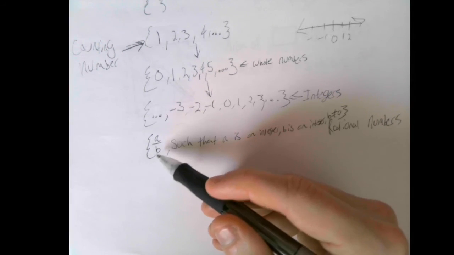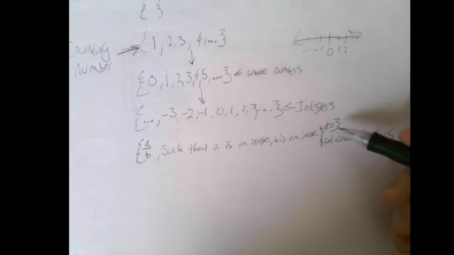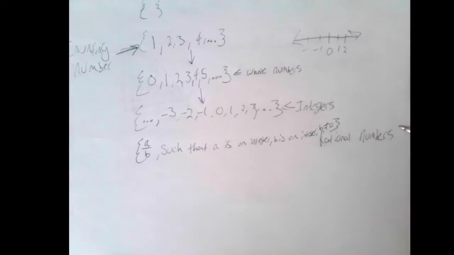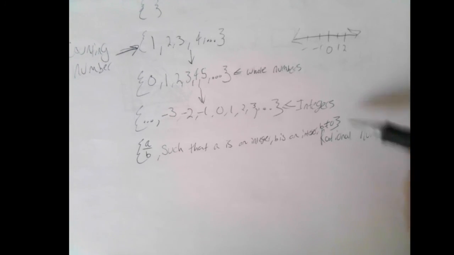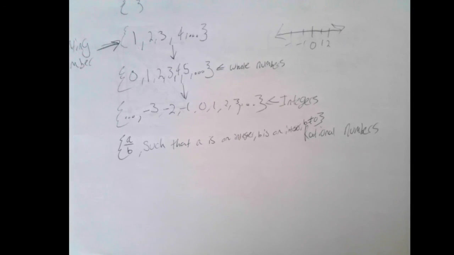Because we can't divide by 0. So that is how we express our rational numbers in a set. So again, they all compile together until we get to rational numbers, and that's all of them together, as well as the fractions in between.